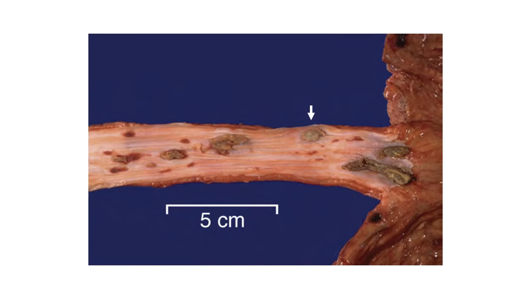The ulcerations have a punched-out margin, and this punched-out margin is highly suggestive of herpes simplex virus infection. This is also seen in immunocompromised patients, and odynophagia is a presenting symptom.